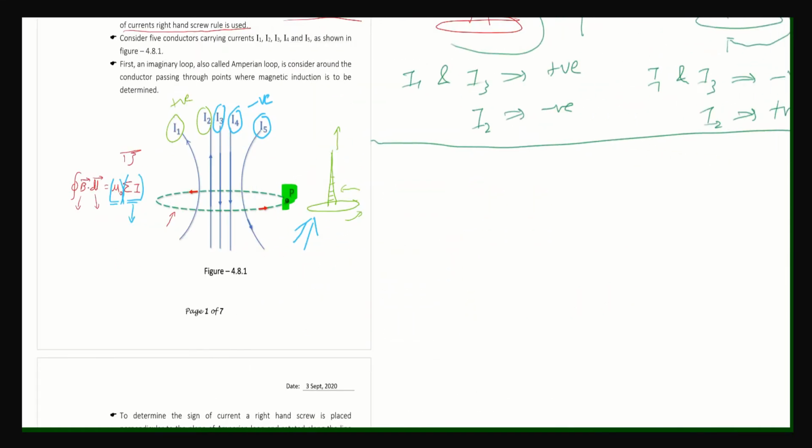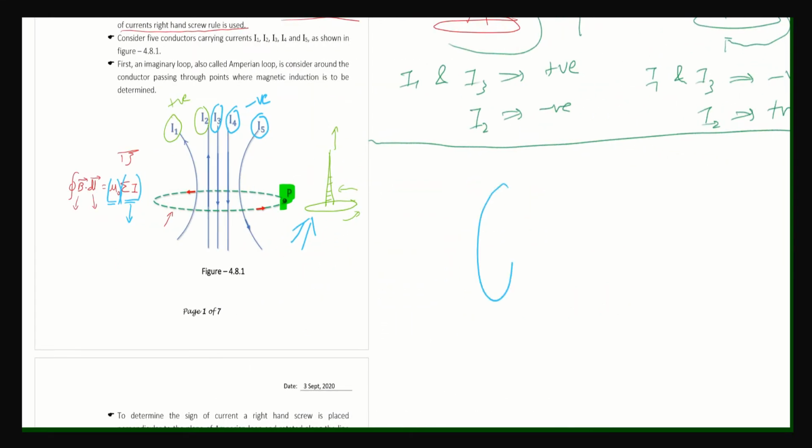If this is the loop, then you should take the right hand screw and place it like this. So the first step is to place the right hand screw perpendicular to the Amperian loop and then rotate it.